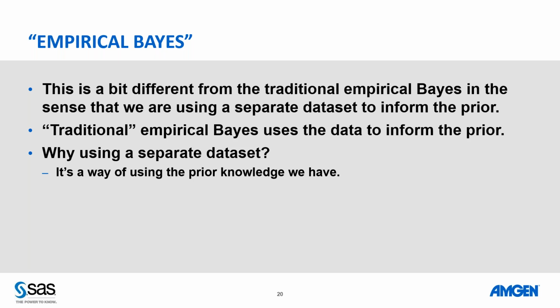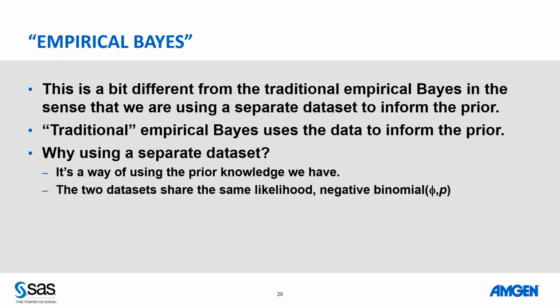Remember, this is one of those key things: we have to connect the data to probability distributions and parameters, and we just showed you how to do that. Another way is this data set, one of the assumptions that can be approximated by the same likelihood, in this case, the negative binomial. And again, we have history on that, and it's very reasonable to do that because we have used that negative binomial with other subvisible particle data sets.